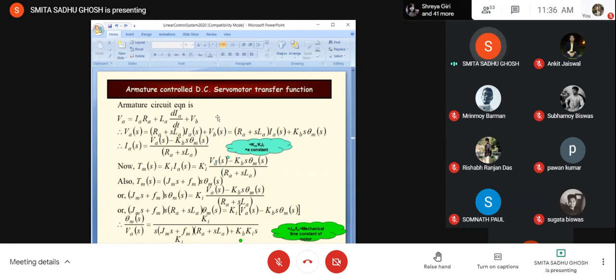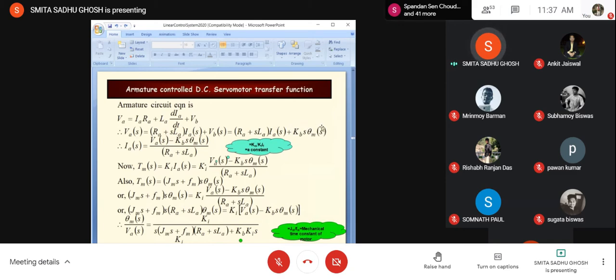Now if you recollect, Vb(s) is again, as we stated, equal to Kb into theta m dot. So that brings us to replacing Vb in the next step, and you find that it has been replaced by Kb into s theta m(s). So now we have VA(s) is equal to (RA plus s LA) into IA plus Kb s theta m(s).